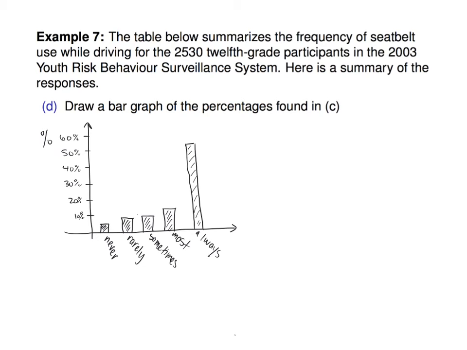And it seems to me that this would be a much better way to show somebody what your data said than just giving them that table. It's quite obvious from this picture that a lot of people fall into this always category, way more than most, sometimes, rarely, and never.